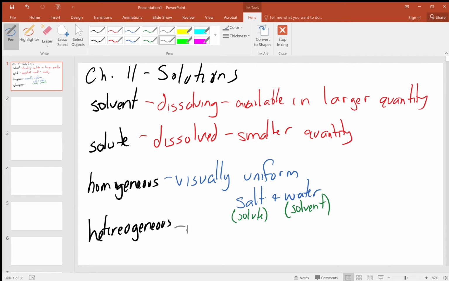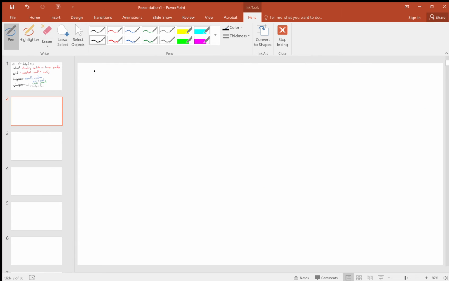Heterogeneous is not visually uniform. It may have different regions of different composition. We often use the terms soluble and insoluble, meaning whether or not a solvent and solute pair are able to mix.